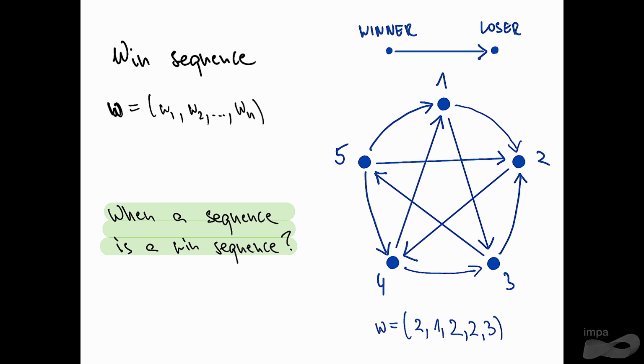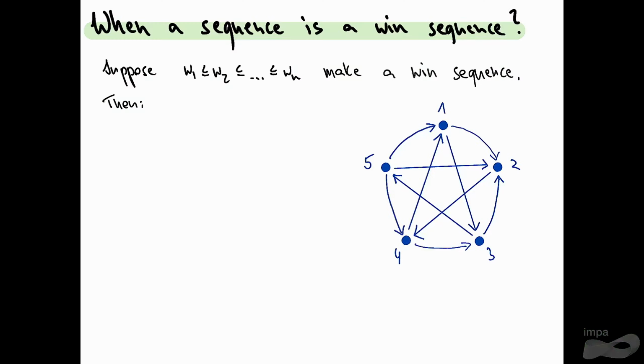Therefore, a natural question is, what is the family of all possible win sequences? This is a natural question, and it was studied last century. So let's think a little bit about this question.